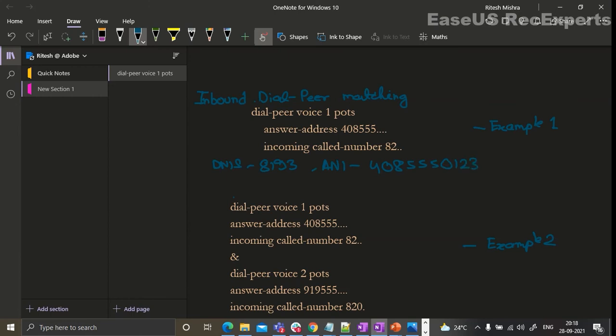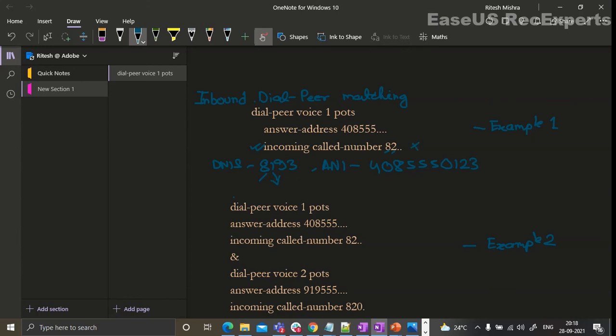If you see, this command, the incoming called number command, has the highest priority. So the router will try to see if the called number placed against this command matches the pattern of the called number of our call. Here we have 8, which matches with 8. Then we have 2, but it does not match the second digit. So this will not be used.